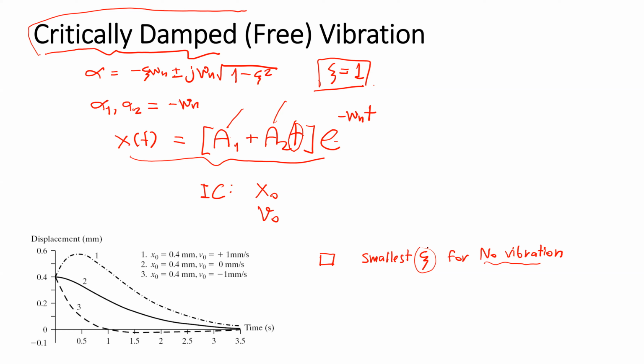What if the damping ratio is slightly higher than 1? It still has no vibration, and it will be the case of the overdamped.